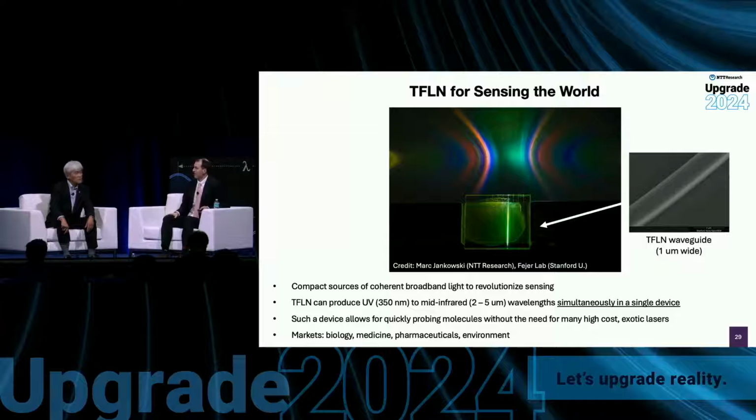So with this material, you can create a light source with a pretty wide spectrum, shine it through the gas, measure what wavelengths were absorbed, and by analyzing that, you can detect what kind of gas is there.